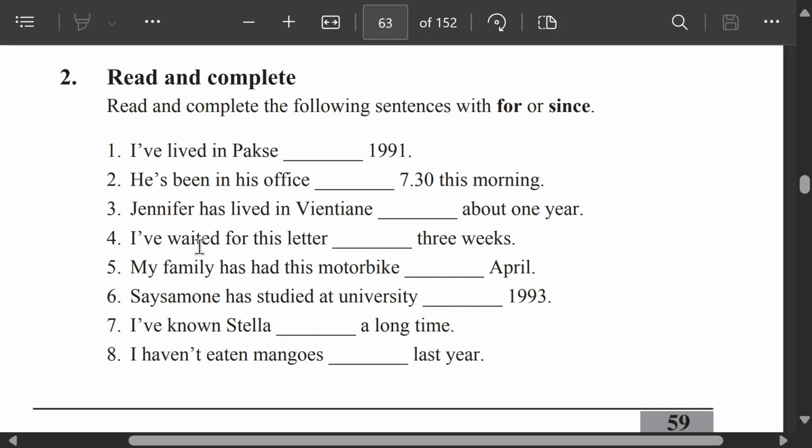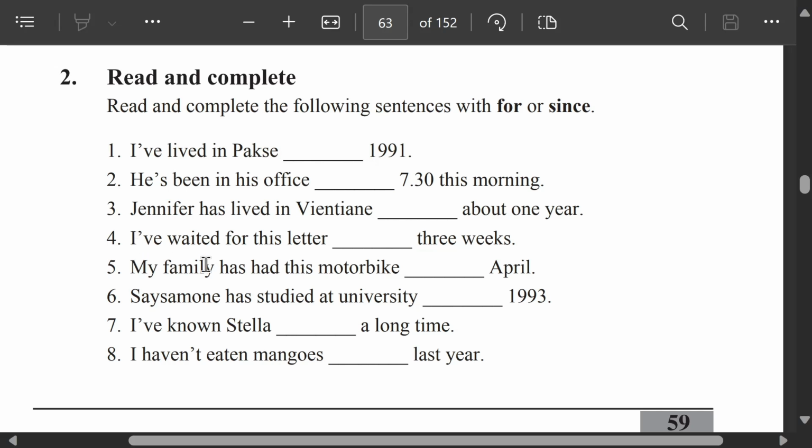I've waited. What is the tense here? I have waited. Present perfect.